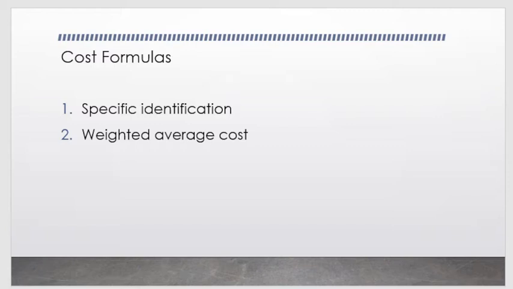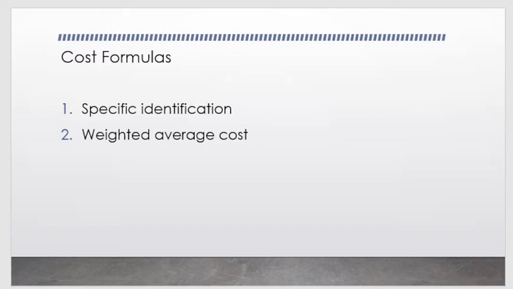Alam na natin specifically kung magkano ang cost noon. Hindi na natin siya kailangang idaan sa costing ng weighted averaging kasi nga these are normally items that are not ordinarily interchangeable and those that are segregated for specific projects. Kaya specifically, madaling i-identify. This is the cost of this item.